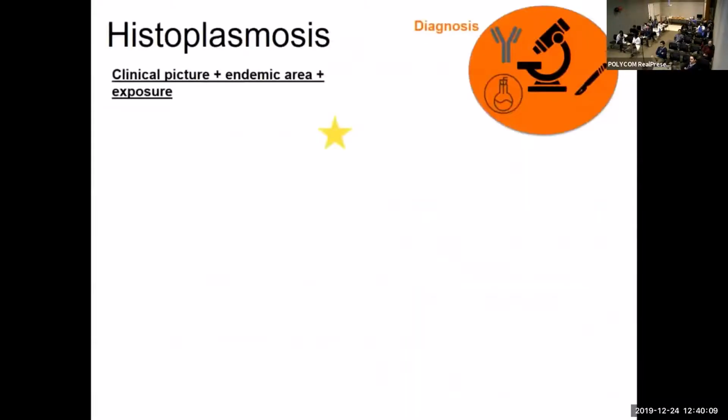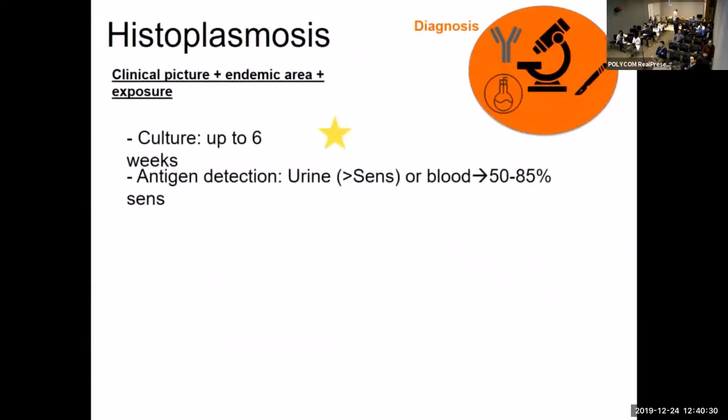So how do we diagnose histoplasmosis? This is mainly a clinical diagnosis: a clinical syndrome, an endemic area, and a specific exposure. Cultures can take up to 6 weeks, so it's the gold standard, but most likely the patient will die if you don't diagnose before that. So antigen detection is the best thing that we have here in the hospital.